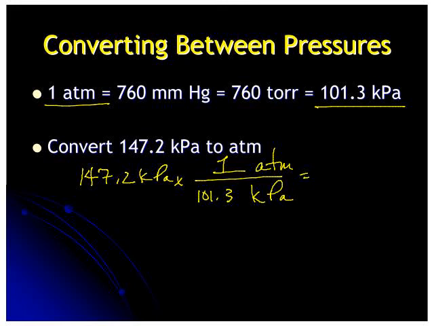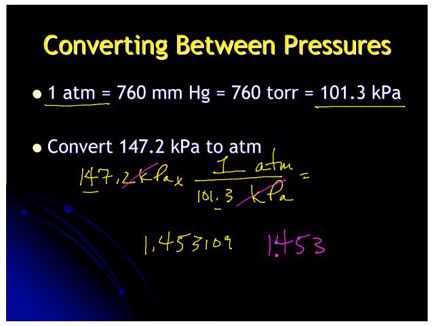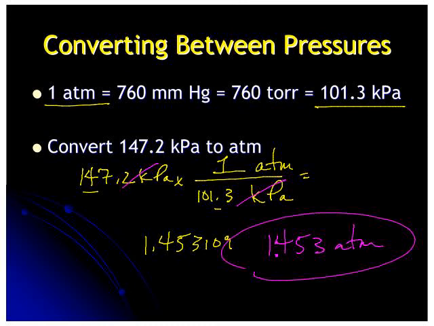Multiply the top, divide by the bottom, and this time I get 1.453109. Both my starting number and the 101.3 kilopascals are only 4 significant figures, so my final answer is 1.453 atmospheres.